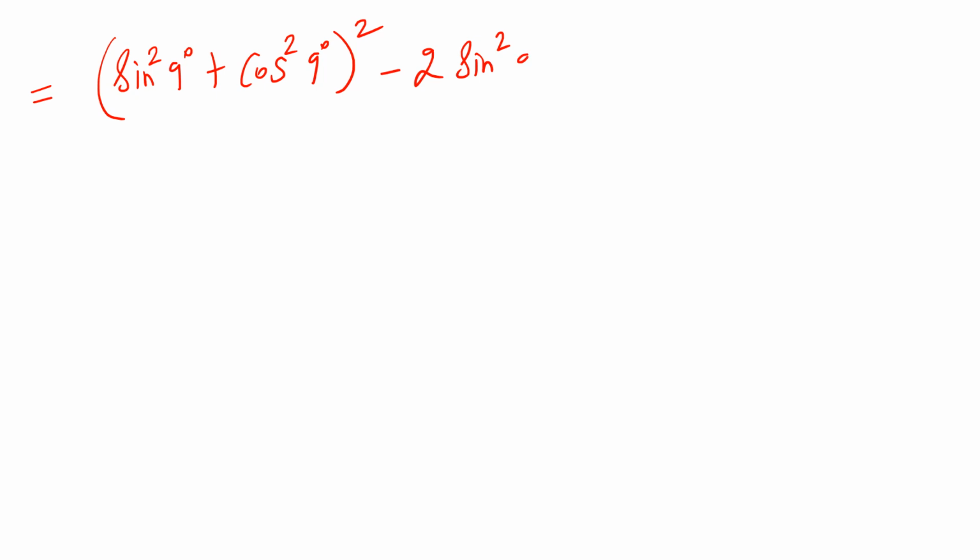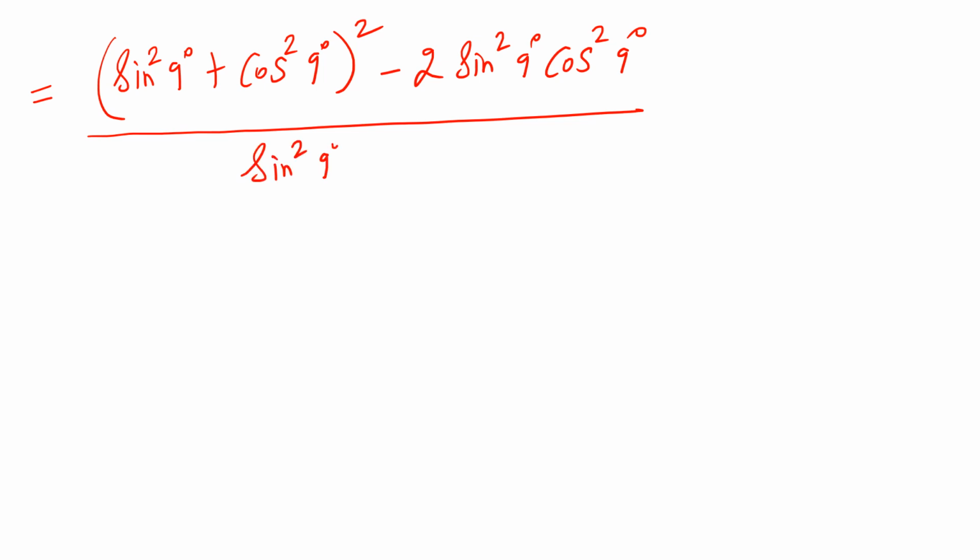So now this expression becomes equal to sine square 9 degree plus cos square 9 degree whole square minus 2 into sine square 9 degree into cos square 9 degree whole divided upon sine square 9 degree into cos square 9 degree.